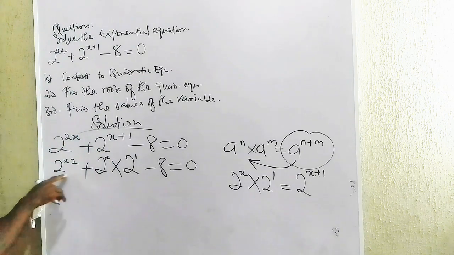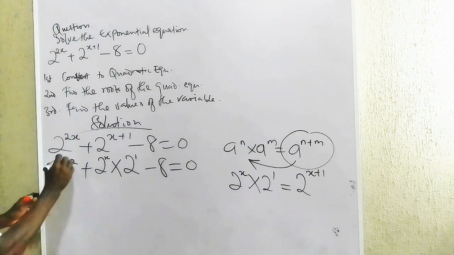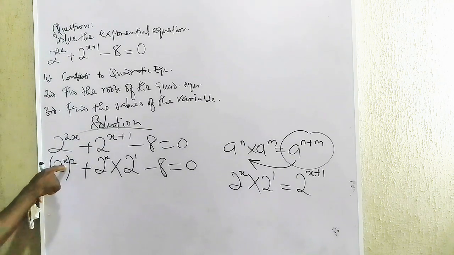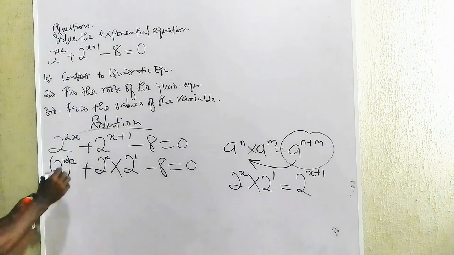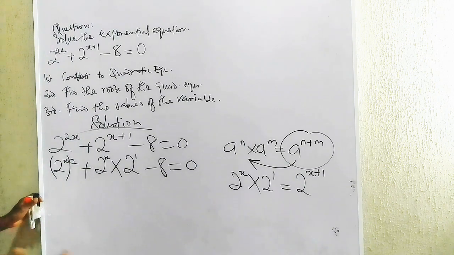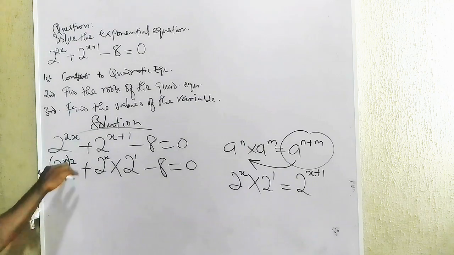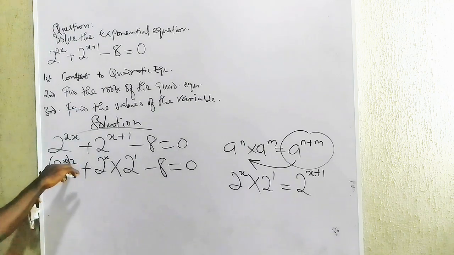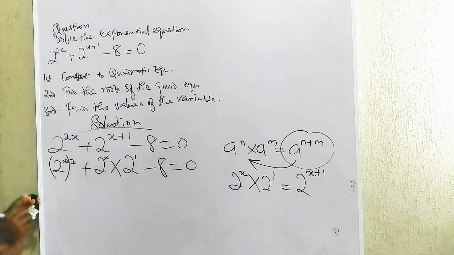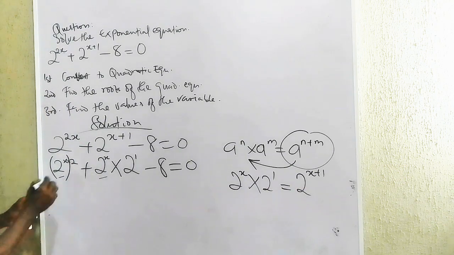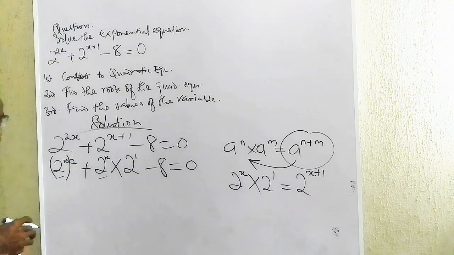Remember we always use brackets to represent multiplication. So this is now saying 2 raised to the power of x, bracket or times 2. Now look here, this place and this place now look like the same thing.